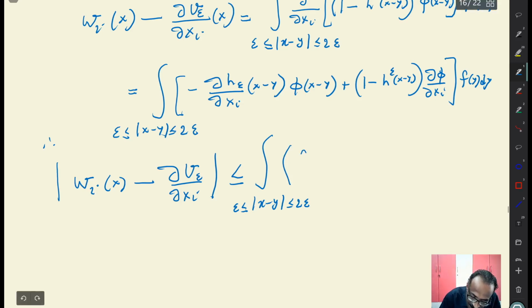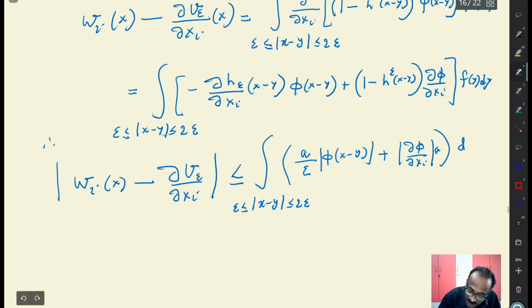This one there will be an a over epsilon, and this will be less than or equal to 1, so it is phi of x minus y. Modulus doesn't matter because it's anyway a non-negative number, plus this is less than or equal to 1, so you will have d phi by d xi, and then dy, this is also x minus y, and then f you can take as a bound inside, so I can bring it here, the norm of f at 0, that supremum norm you can bring it here.